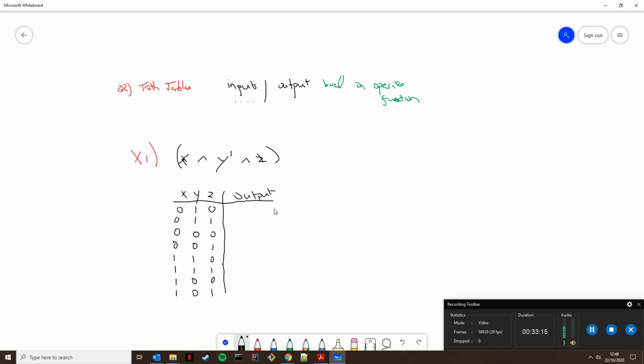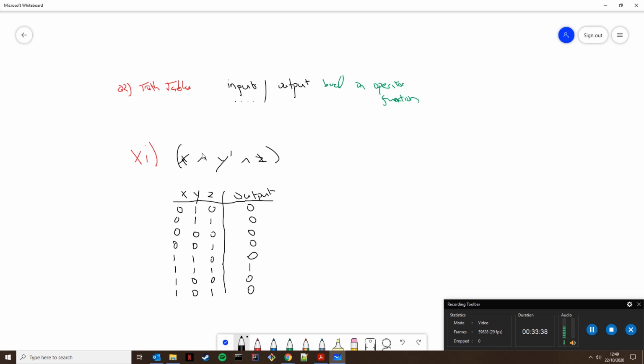So it's now the AND of all these. Yep, we have 0, 0, 0, 0, 0, 0, 1, 0. So only when x is true, not y is true, and z is true, we get an output of 1. And you can see that this is here, 1, 1, 1.